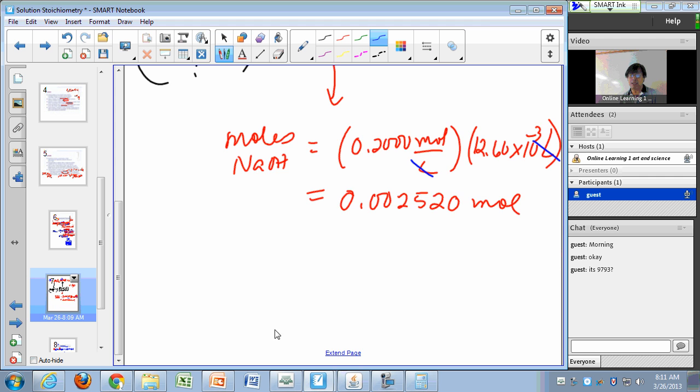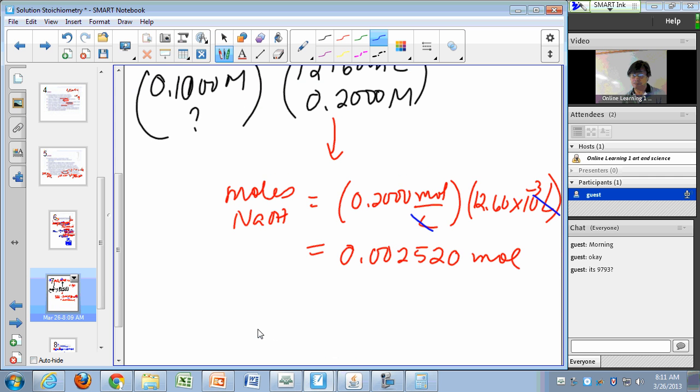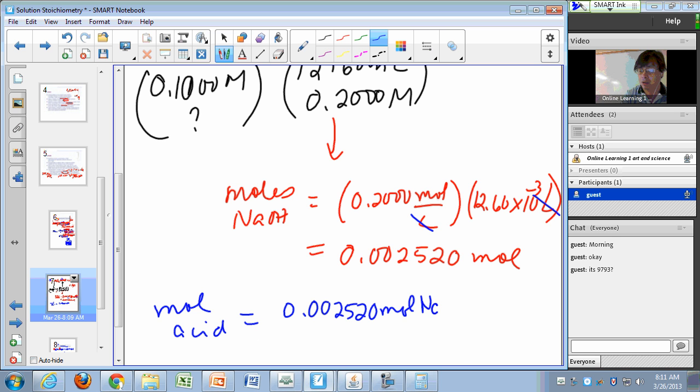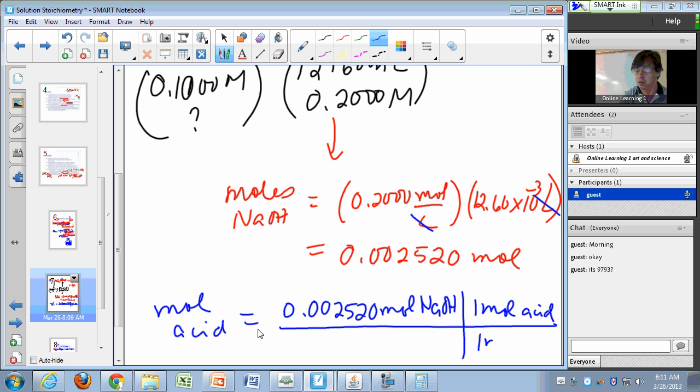So moles of acetic acid then would be what? Moles acetic acid would be the same amount, 0.002520 moles sodium hydroxide times 1 mole of acid per mole of sodium hydroxide.